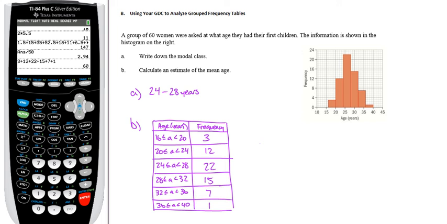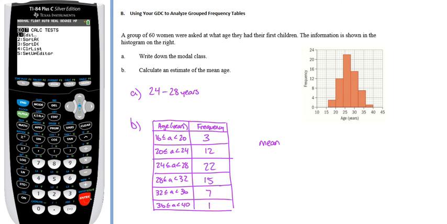And now we're going to use the GDC to find this mean estimate. In this case, we do the same thing to enter our data, stat edit. We're going to clear the old lists. And because we have intervals, we can't type intervals into the calculator. So instead, we're going to enter the midpoints of the intervals in L1.